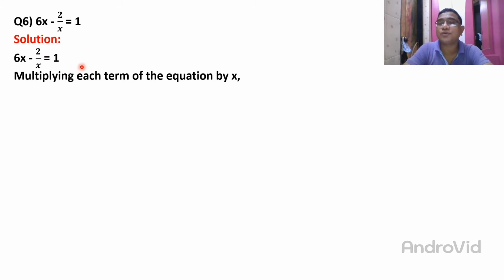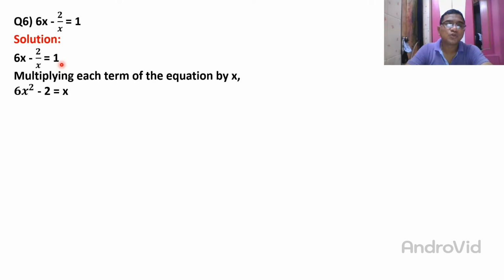So what I write, my students, is: multiplying each term of the equation by x. Each term is multiplied by x. So 6x into x minus 2 upon x into x is equal to 1 into x.